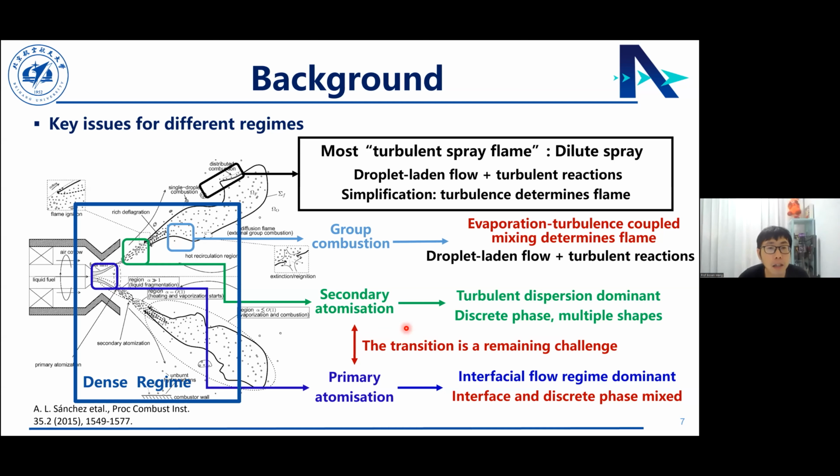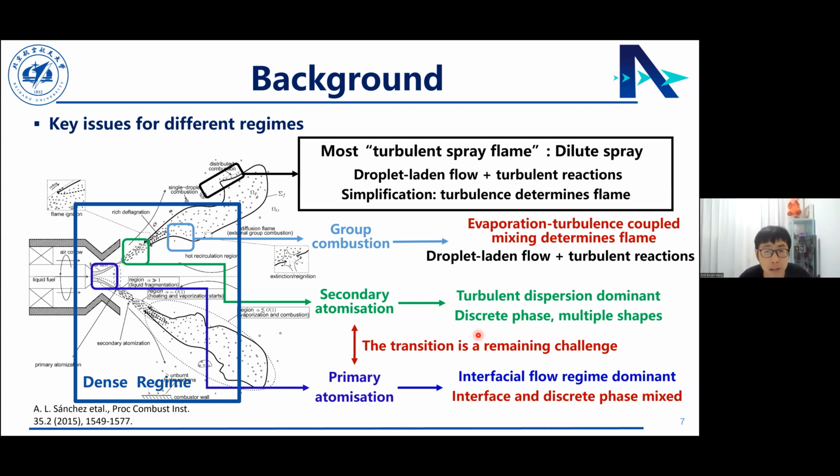And now let's talk about the modeling of atomization and combustion. When we talk about turbulence modeling, we know DNS and LES are the high fidelity numerical simulations. In DNS, the grid is very refined and it can resolve all the scales.